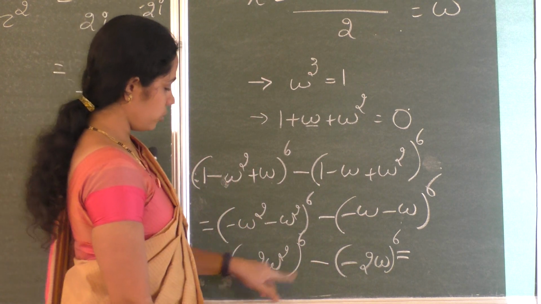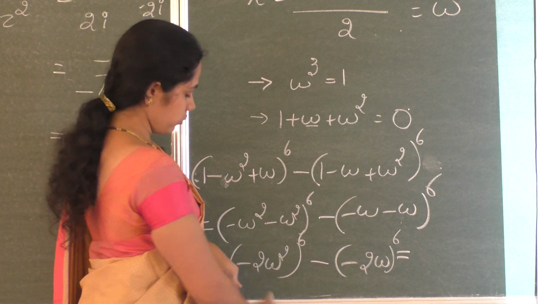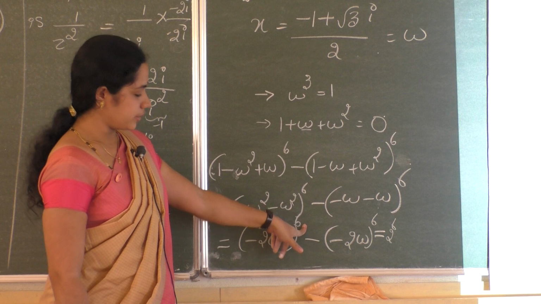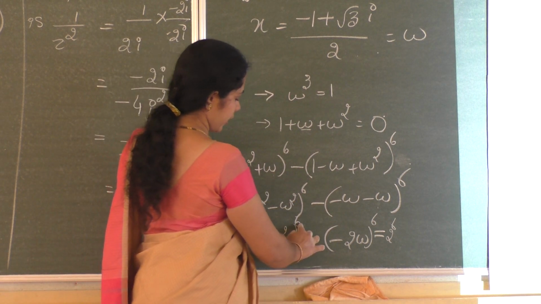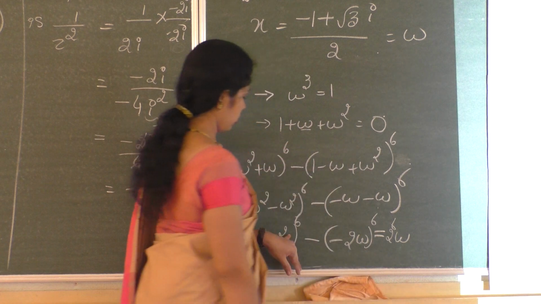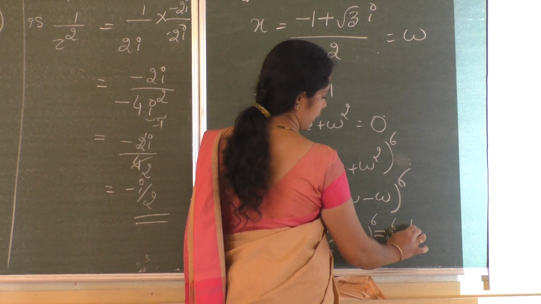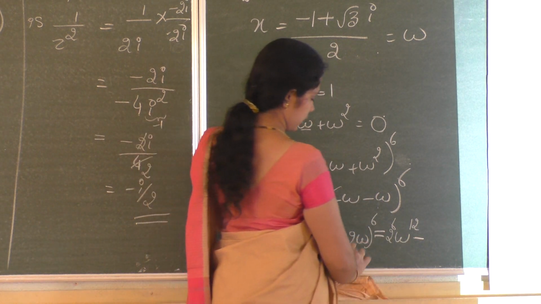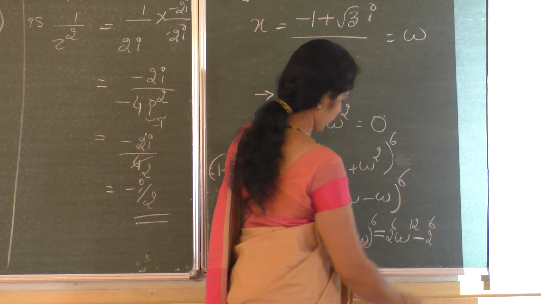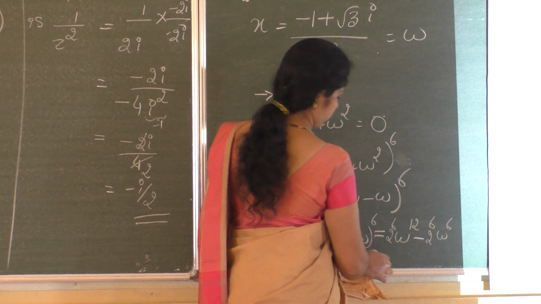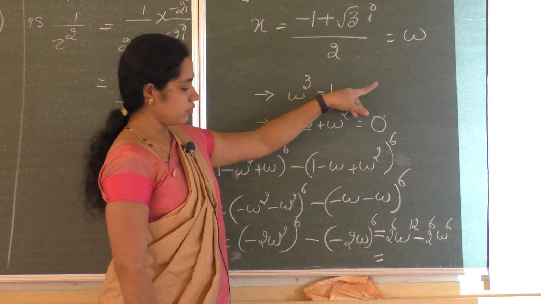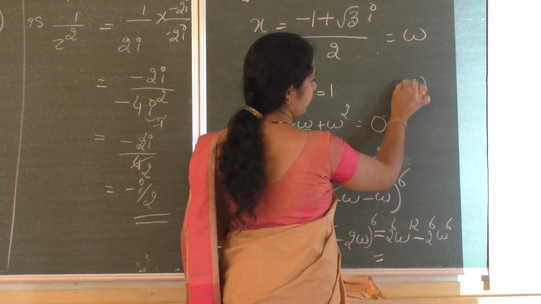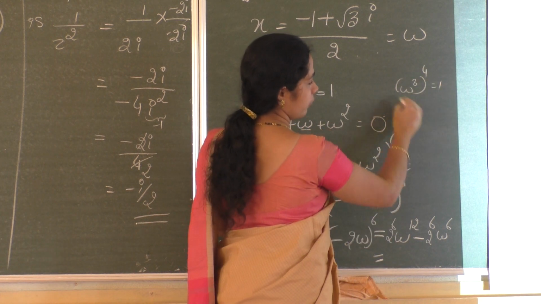This is equal to, the power 6 means it will be positive, 2 to the power 6 (we can simplify, 2 to the power 6 is 64) times omega square to the power 6, which is omega to the power 12, minus again 2 to the power 6 times omega to the power 6. See, omega cube is 1, so omega to the power 12 can be written as omega cube to the power 4, so it will be 1.